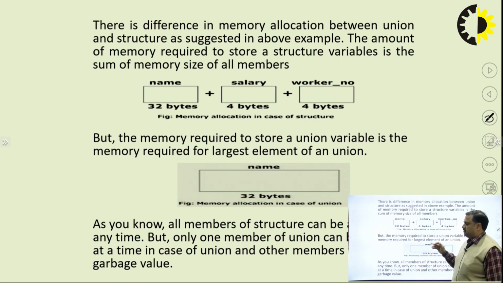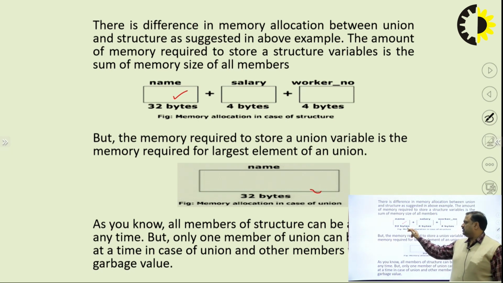Let us understand this more. The difference in memory allocation between union and structure, as in the previous example: the memory required to store a structure variable is the sum of the memory sizes of all the members. That is 32 bytes for name, a character array of size 32, so 1 byte for each of the 32 characters.